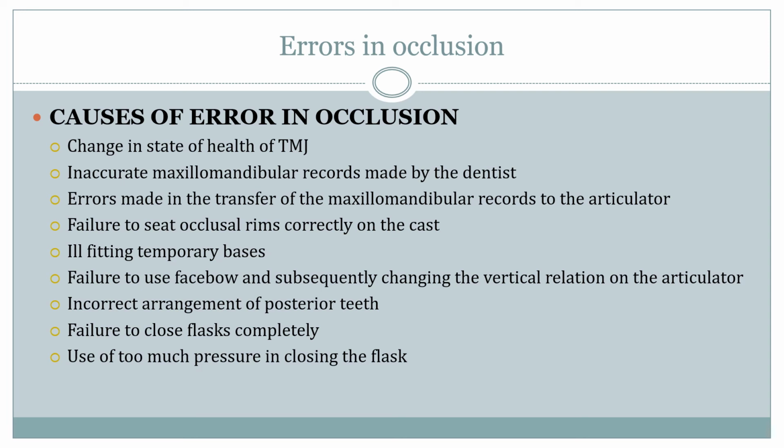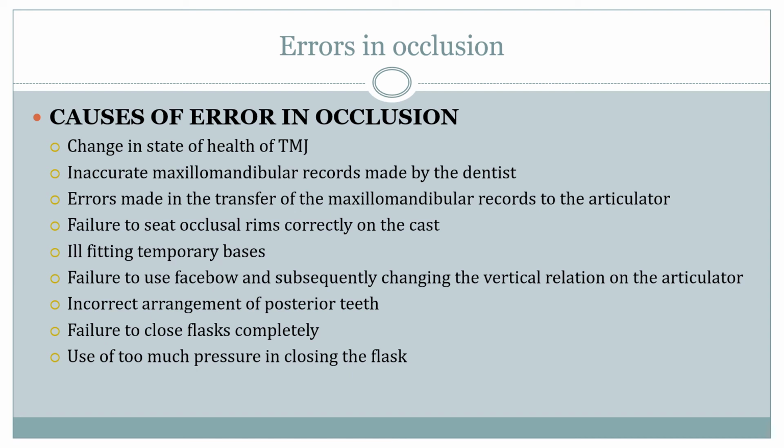And then looking at the use of facebow, as I mentioned, you are relating the position of the maxilla to the skull base. So that is why use of the facebow is always a must. Then if you are not arranging the posterior teeth in the correct way, or failure to close the flasks completely. The flasking and processing procedure is one main important thing to achieve a harmonious occlusion.